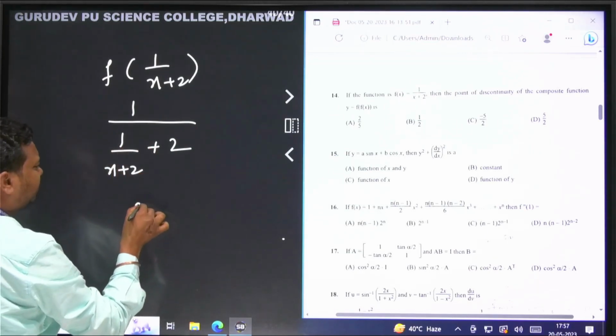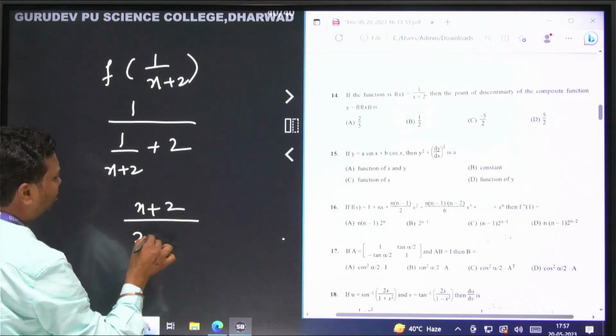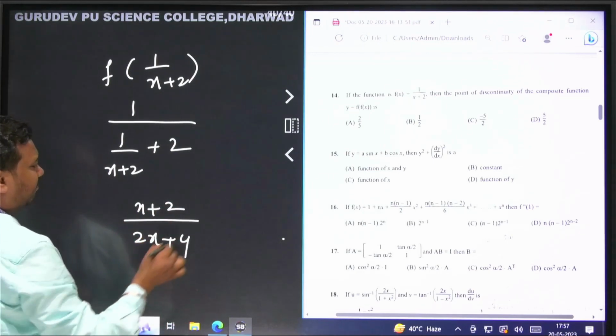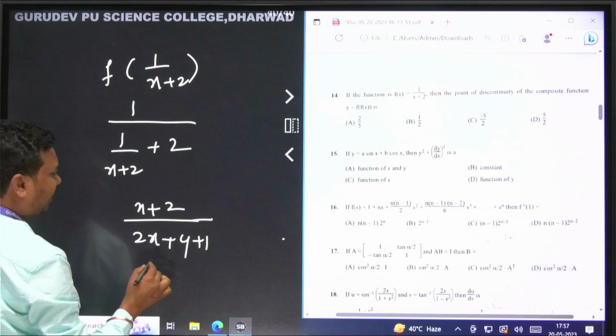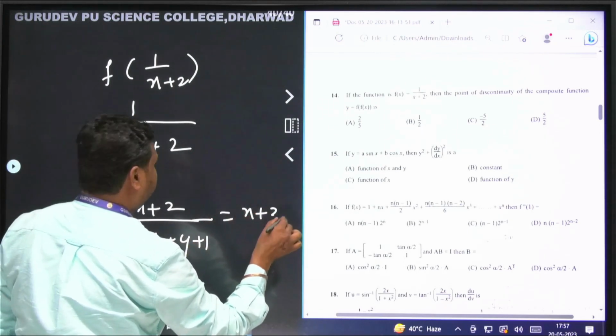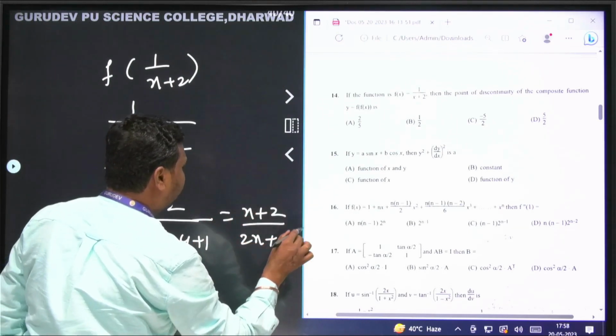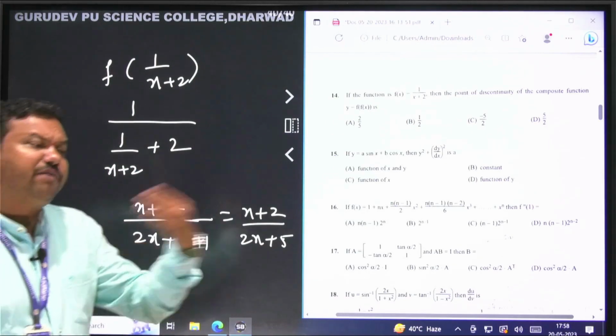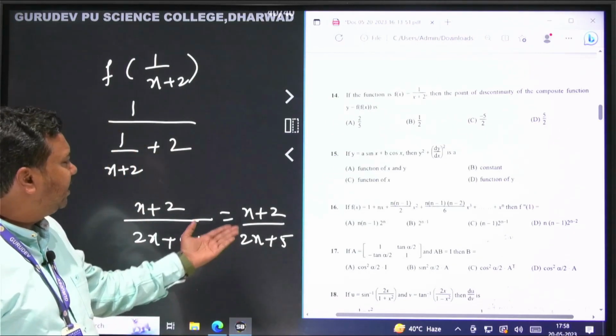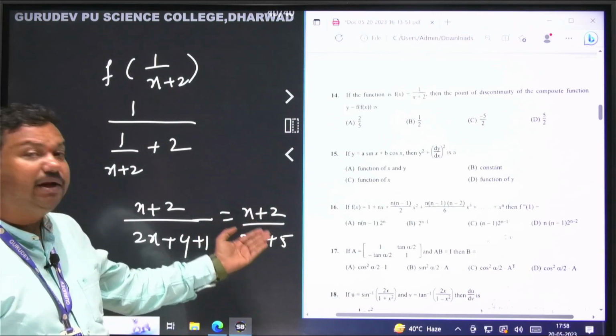Take the LCM and simplify, what answer do we get, 2x plus 4 plus 1. So we will be getting x plus 2 divided by 2x plus 5. Observe, if we take the composite function of f of x we are getting 1 divided by something, x plus 2 divided by 2x plus 5.